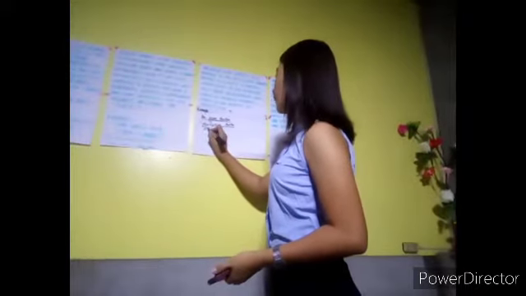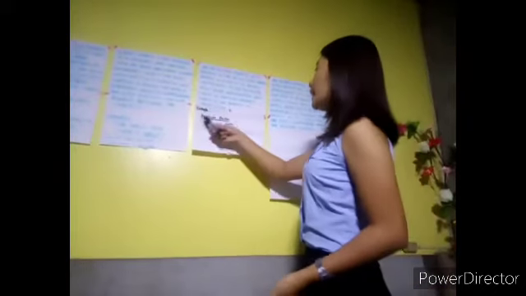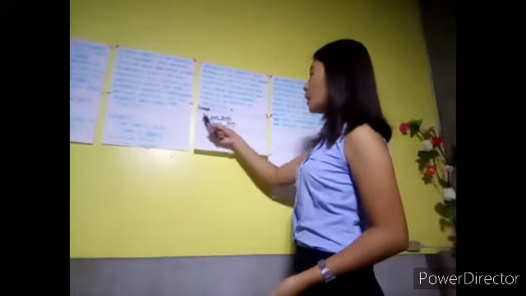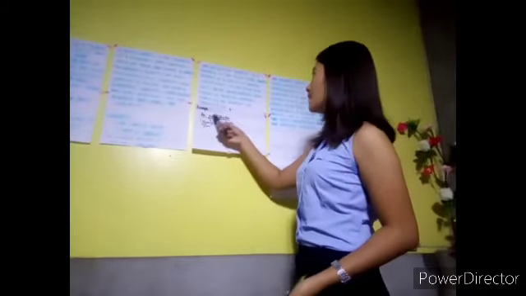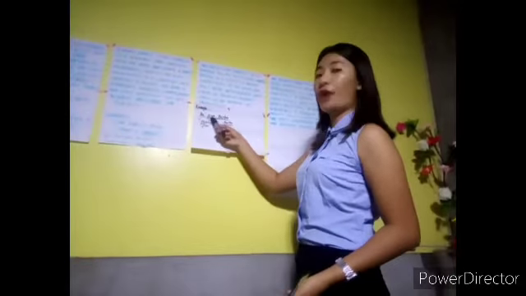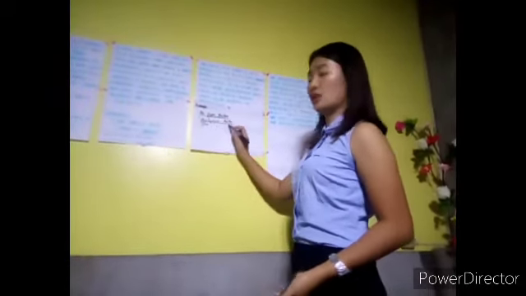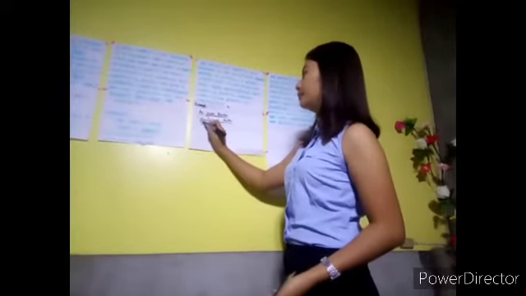So, he is from Boston. The subject of this sentence is he, and the adjective phrase is from Boston. Tom is from Boston. The subject is Tom.